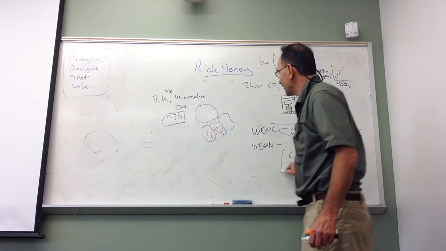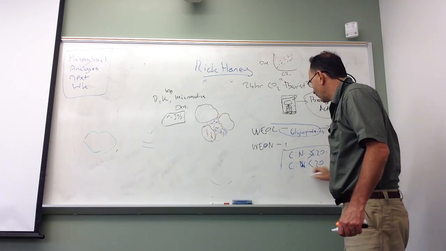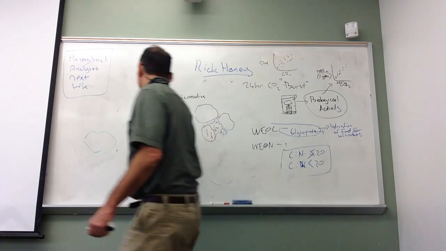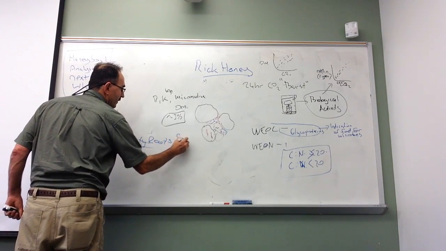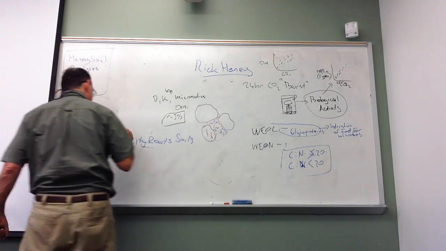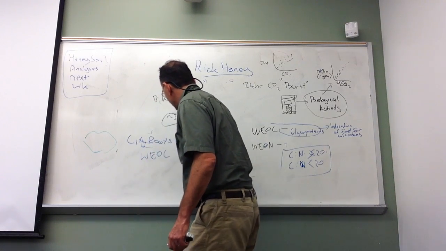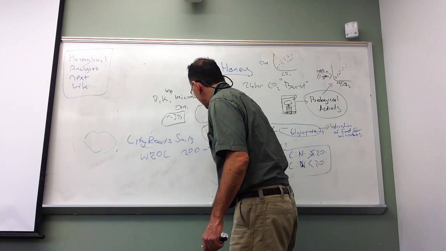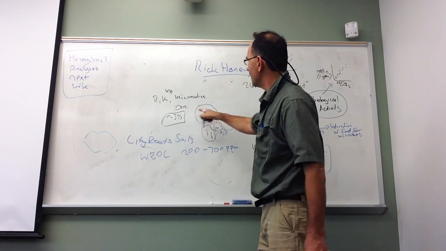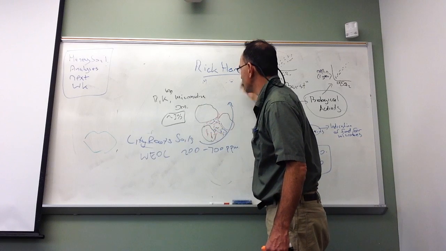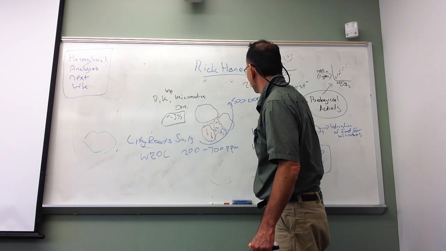So it's exciting because now we're able to actually look at the nitrogen in there. Typically, what we found in city root soils is water extractable organic carbon of 200 to 700 ppm. The amount of organic matter might be closer to 500,000 ppm if you read the actual solids.